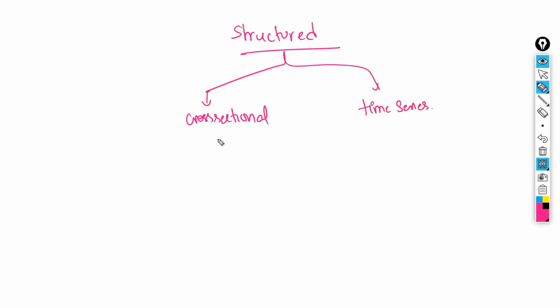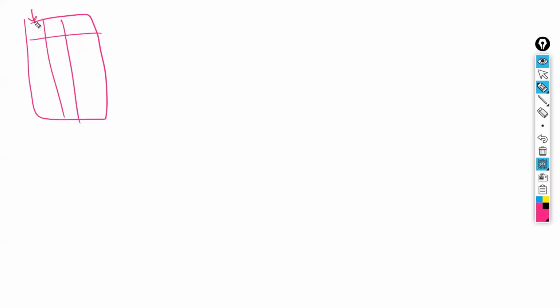Within the cross-sectional data, we have continuous and discrete. For time series, we have only time series. So in the structured data, what are the different types of data we have, where structured means data in a tabular format, with each column in the structured data.